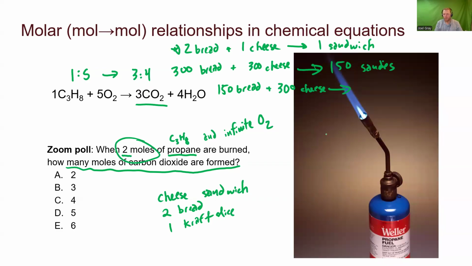How many sandies will you make? 75. 750 slices of cheese and 12 slices of bread. 6 sandies. Does that make sense? Add to the chat yes or no if that makes sense.